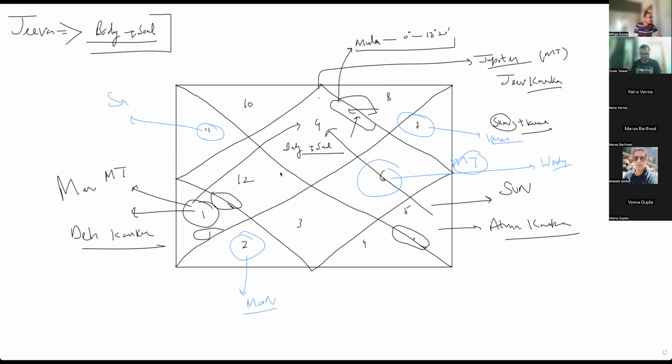Rahu says, okay, work, money, I'll take this Mula Trikona here, Rahu, with Mercury. And Ketu says, no, I also have to have a Mula Trikona. So Ketu got a default Mula Trikona in Pisces, in the 4th house.